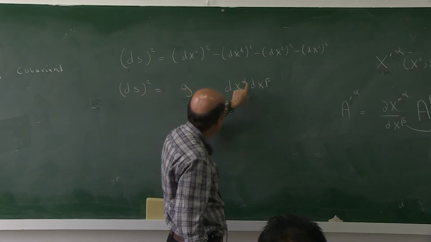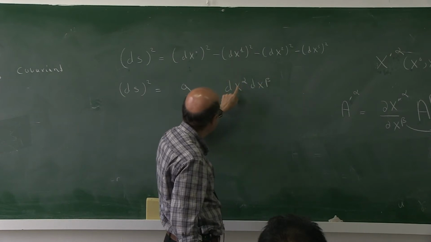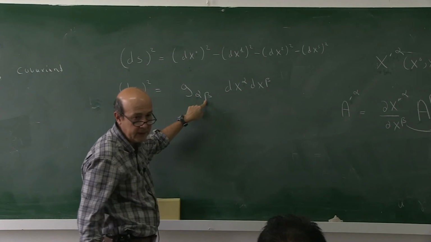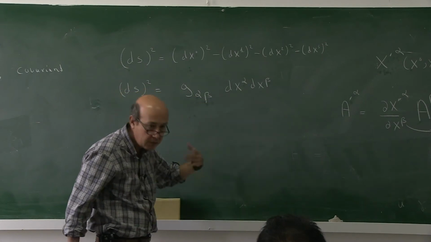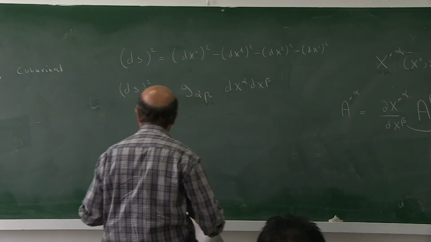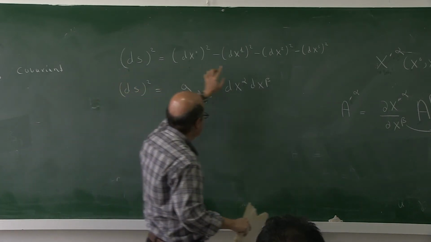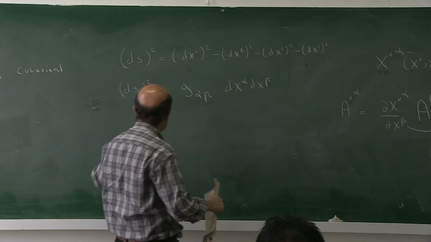If it is 1 and 1, that is dx1 square, so g11 should be minus 1. Okay. So this is the construction of the metric tensor for this kind of Planck element.